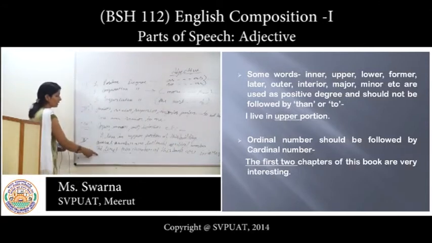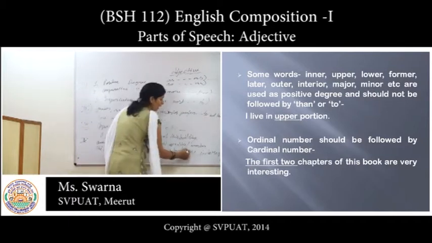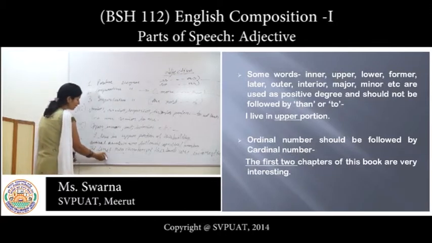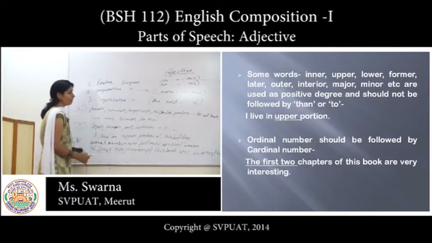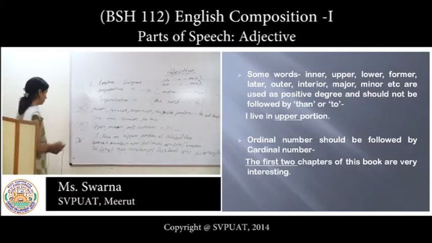See this sentence: "The first two chapters of this book are interesting." Here we use the ordinal number "first" and then the cardinal number "two." So ordinal numbers are followed by cardinal numbers.